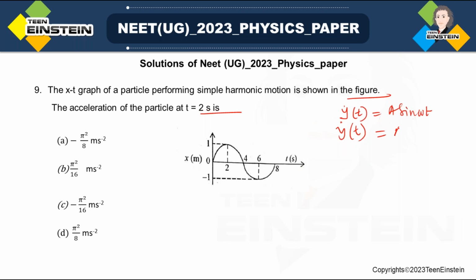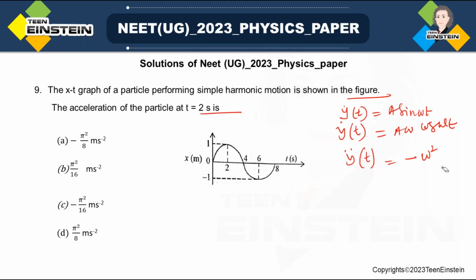The first derivative gives A omega cos omega t, then the double derivative for acceleration gives minus A omega square sin omega t, which is minus omega square x.